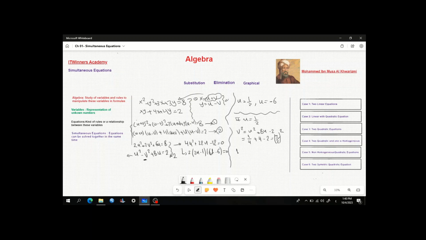Now v equal to plus or minus 3 by 2, if u equal to half.